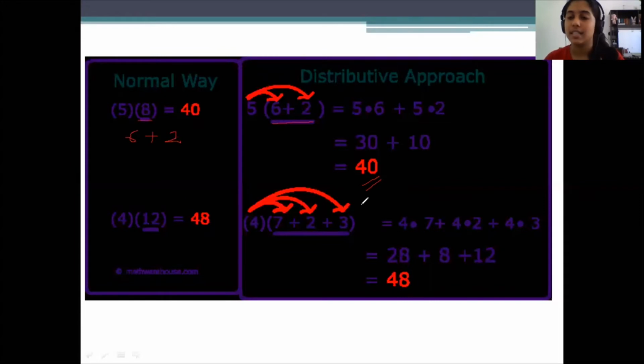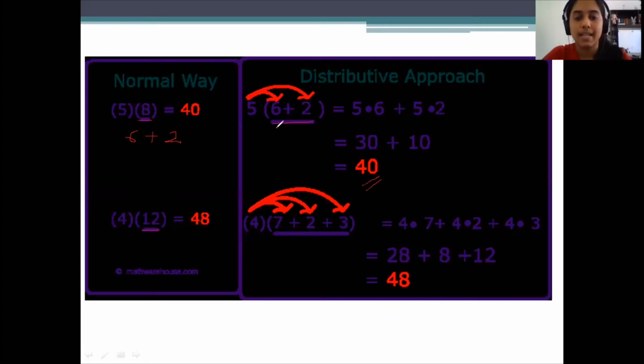So let's take another example. Here you have 12 into 4. Now assume you don't know the tables of 12. Most people only know up to 10. So we're going to split 12 as 7 plus 2 plus 3. Now there is no one way to split the numbers.